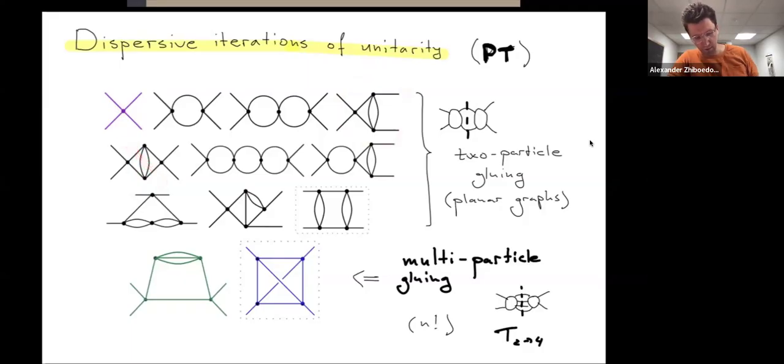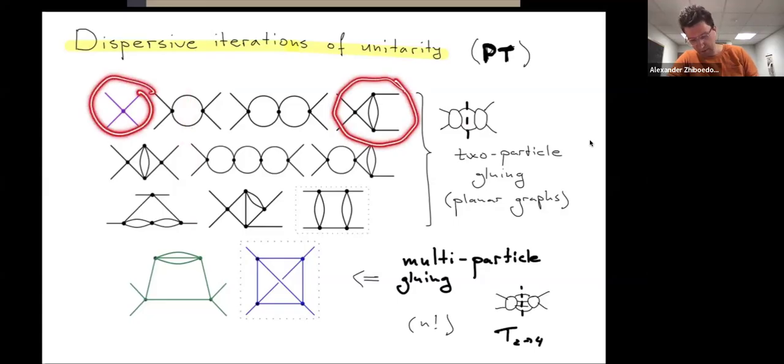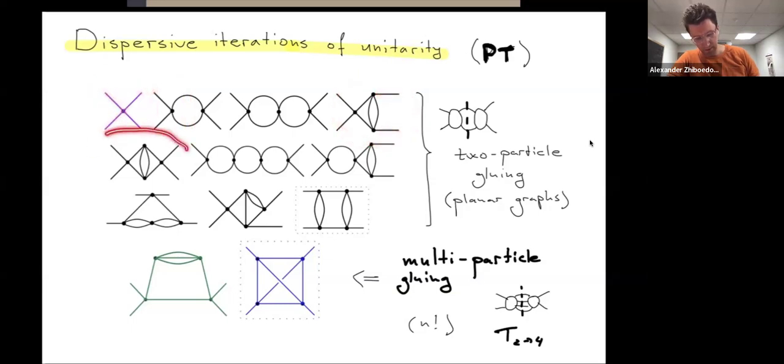But what I'm saying is that all these diagrams you can get by iteratively gluing through a 2-particle cut. For example, if you glue this diagram to this diagram, so you take these 2 legs and you connect them here, this is exactly what you get.